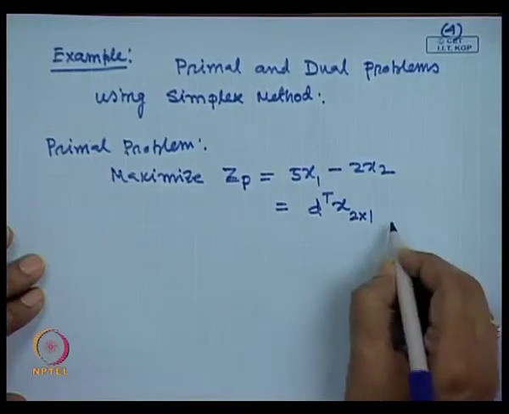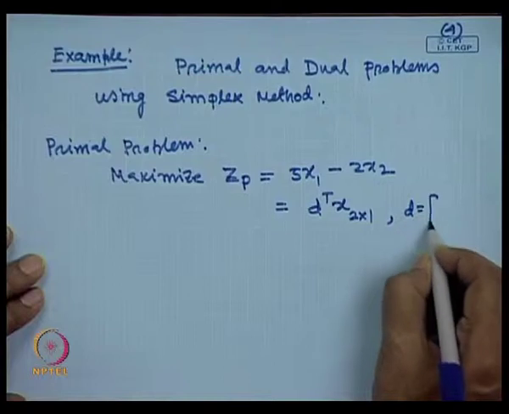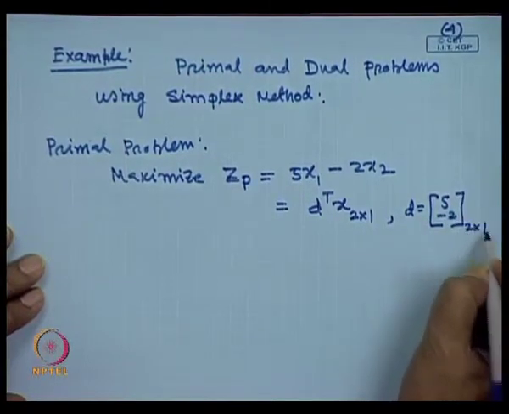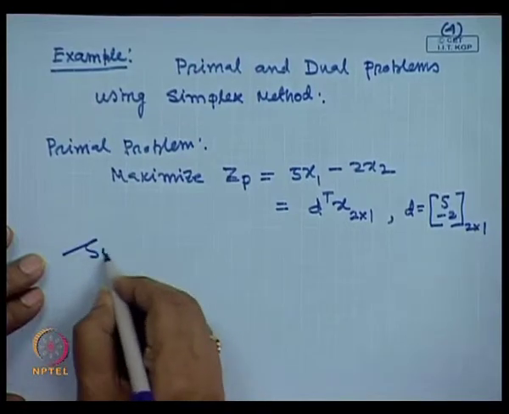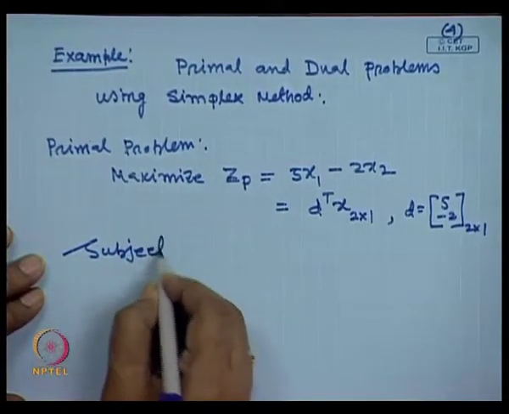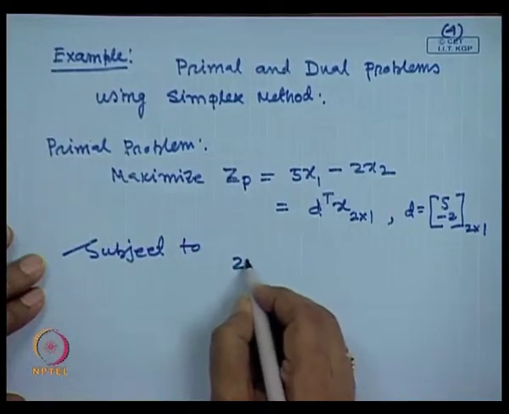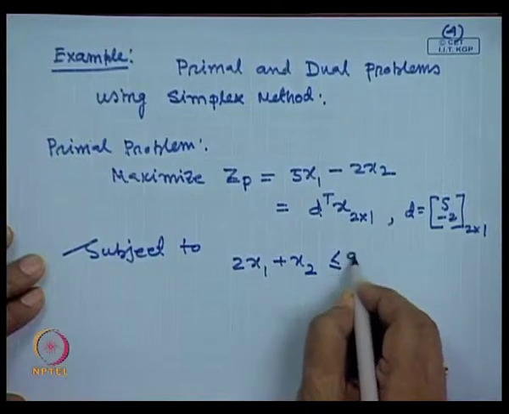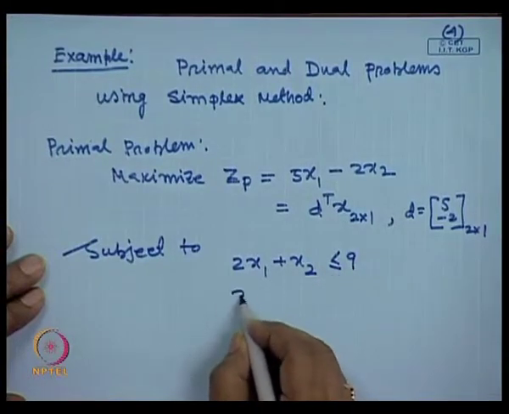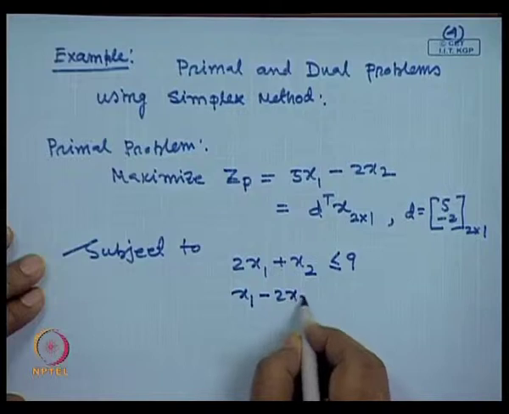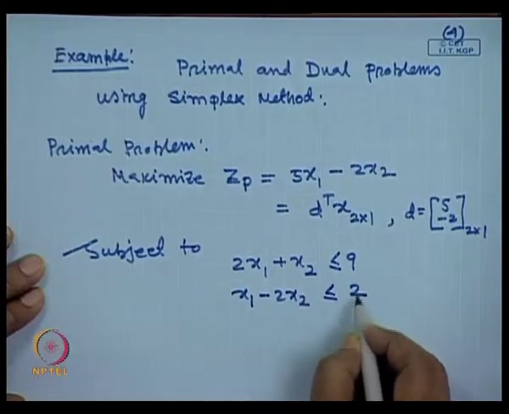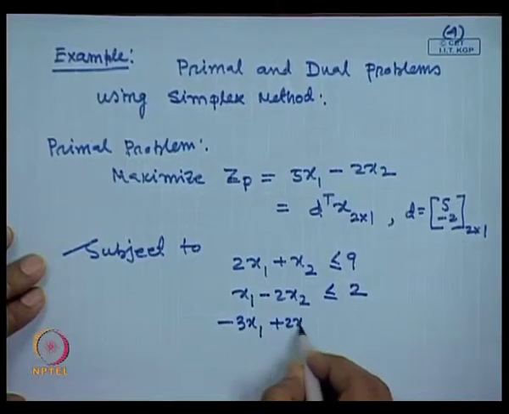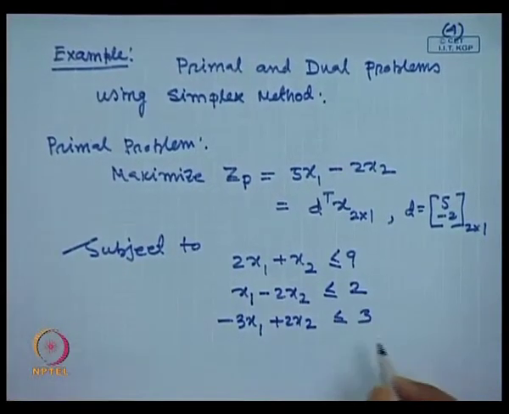Here d is equal to 5, minus 2, with dimension 2 cross 1, subject to 2 x1 plus x2 is less than equal to 9, x1 minus 2 x2 is less than equal to 2, minus 3 x1 plus 2 x2 is less than equal to 3.